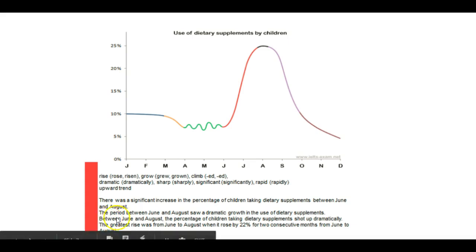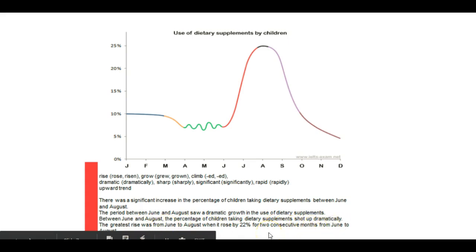We can also say the period between June and August saw a dramatic growth in the use of dietary supplements. Or between June and August, the percentage of children taking dietary supplements shot up dramatically. And you can use the last sentence: the greatest rise was from June to August, when it rose by 22% for 2 consecutive months from June to August.